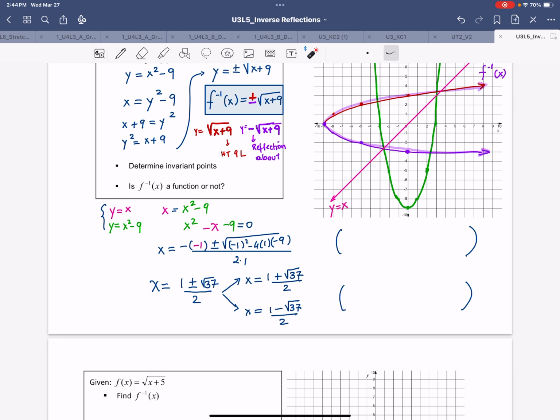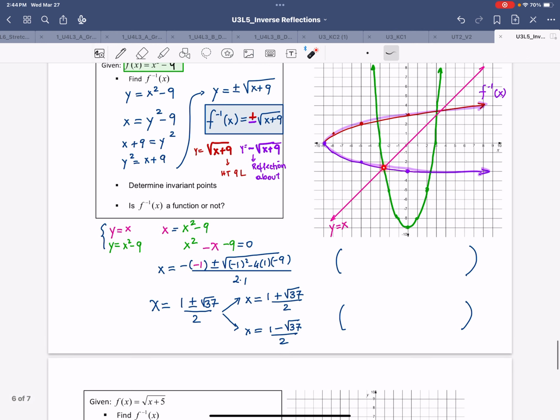Now, I want us to think again. Invariant points are on the line where y and x are equal. What we just found were the coordinates of x. So 1 plus root 37 over 2, that's the x coordinate of the first invariant point, which I'm thinking should be this one here, and 1 minus root 37 over 2.